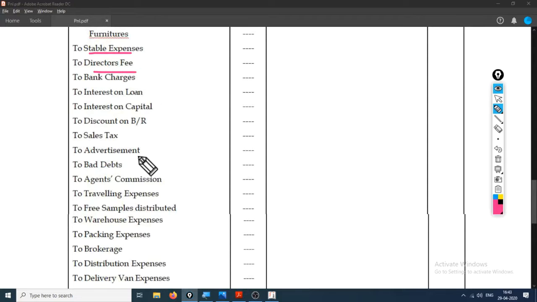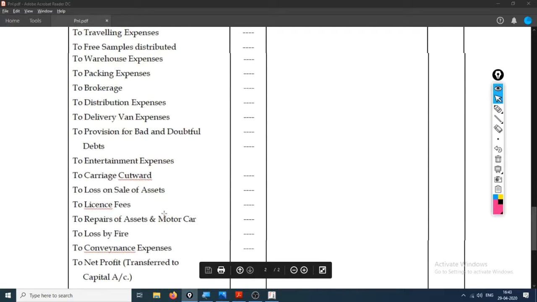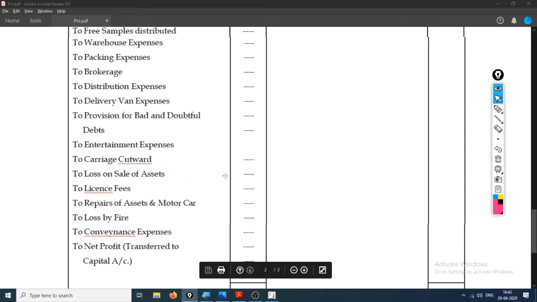And delivery van, sales tax, advertisement, bad debts, agency commission, traveling expenses, free samples distributed, warehouse expense, packaging, brokerage. You might not use each one of them, but yeah.